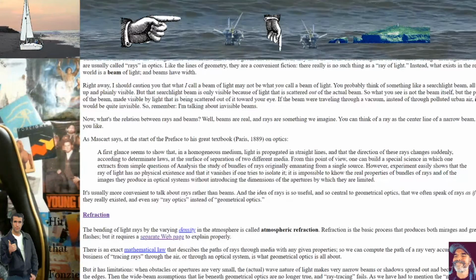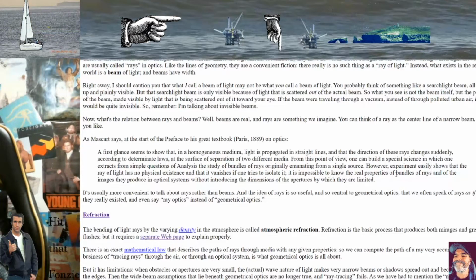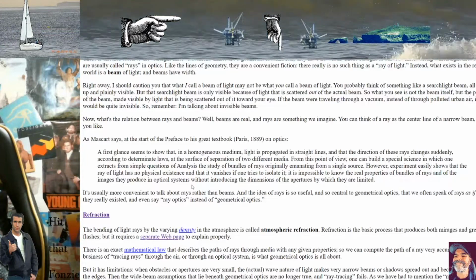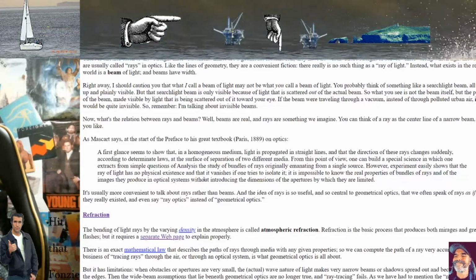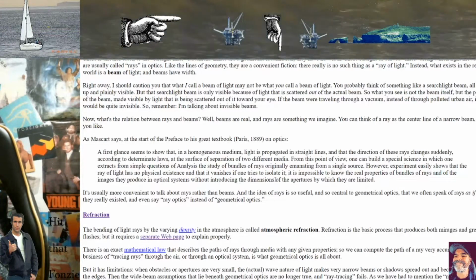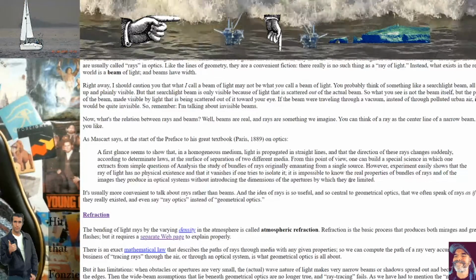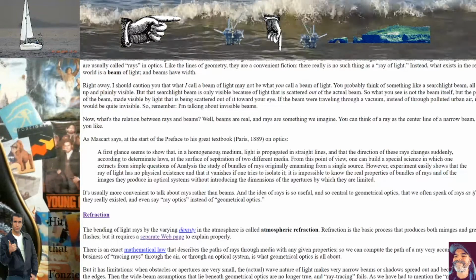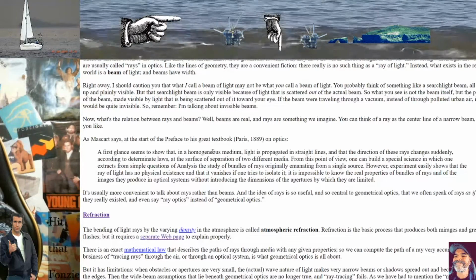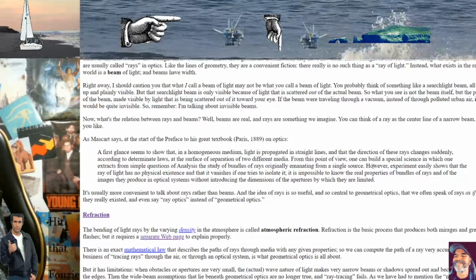"It is impossible to know the real properties of bundles of rays and the images they produce in optical systems without introducing the dimensions of apertures by which they are limited." Okay, so here, I'm going to change some words around. Okay, you ready? Let's do this.